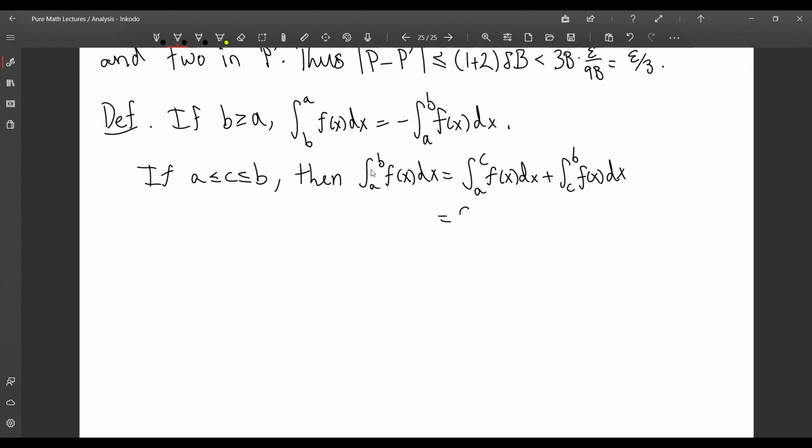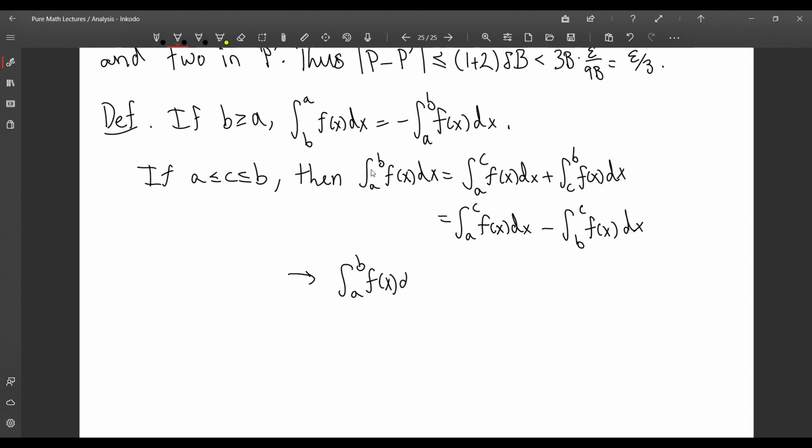And then we can apply this definition to reverse the order of integration here. And then we can add on both sides the integral of f from b to c.